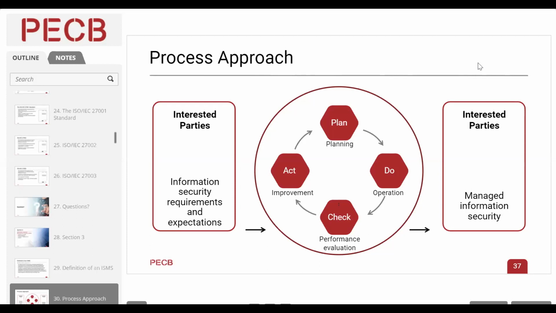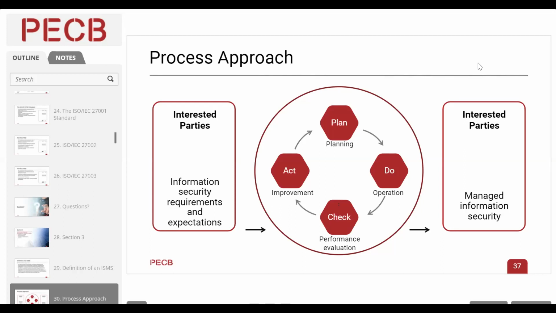Now, these steps, we expect that typically it should take you about 12 months to go through all the plan, do, check, act. So within a 12-month interval, you will be back. You would have finished act, and then we are back at the planning stage.